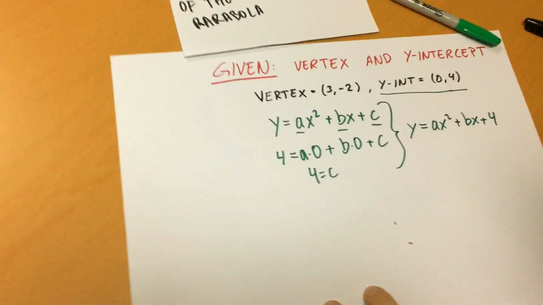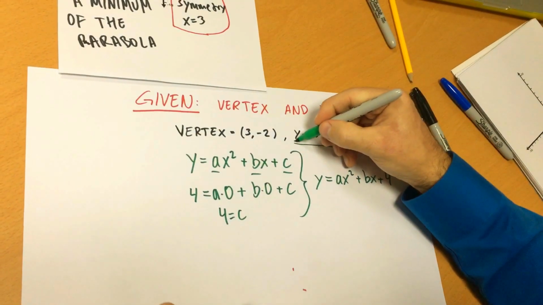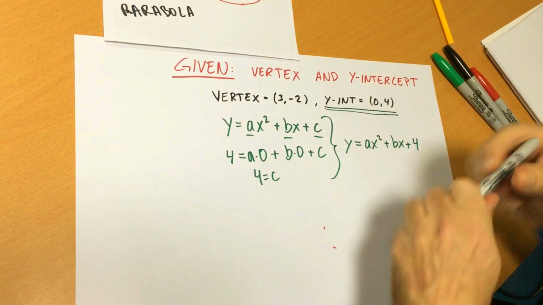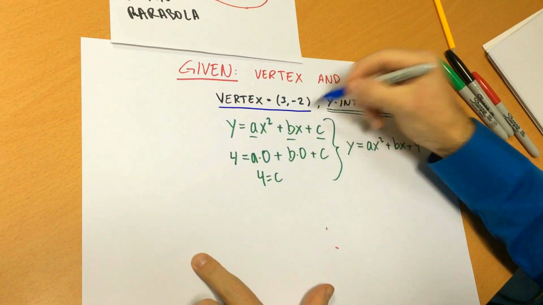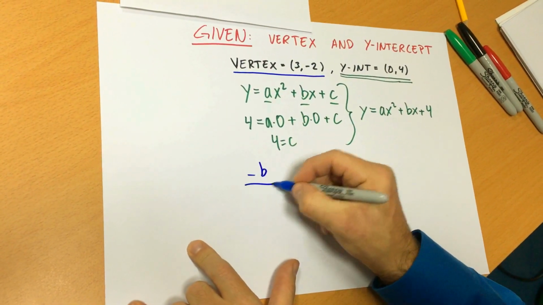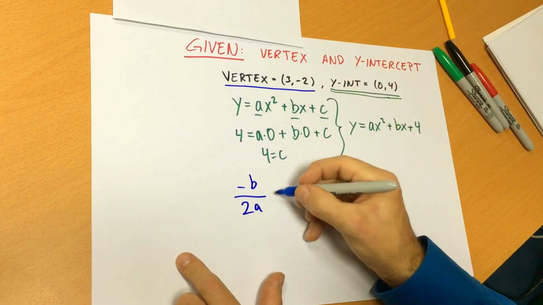Okay, so let's find, just as we used the information for the y-intercept, let's use the information in blue for the vertex. So negative b over 2a, that was the x coordinate of the vertex, which is equal to 3.